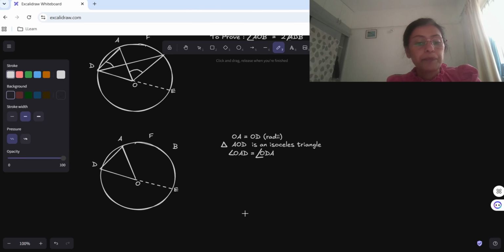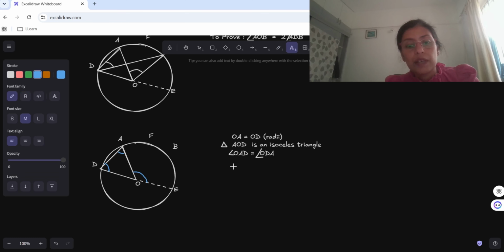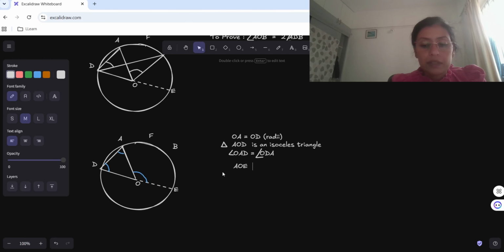Both are equal. Now I'll see this angle AOE. This is the exterior angle of the triangle, right? AOE is the exterior angle of the triangle, and it will be the sum of the interior opposite angles. So it will be the sum of OAD plus ODA.